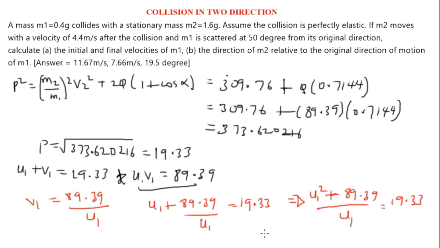So that I will have a quadratic equation, which is u1 squared plus 89.39, equal to 19.33 u1. I will need to take this to this side.